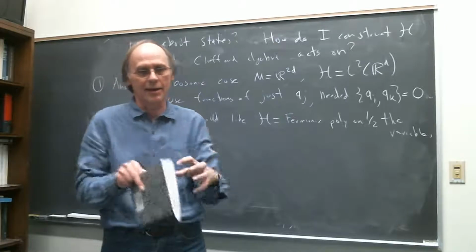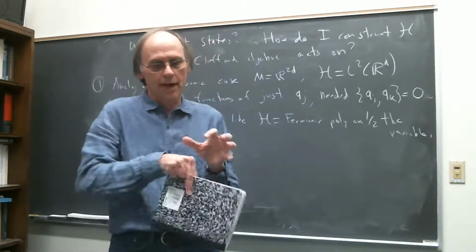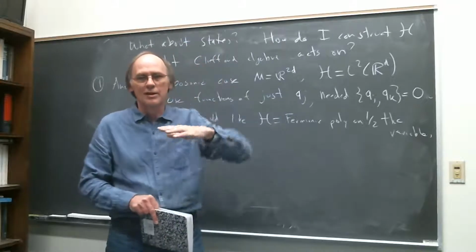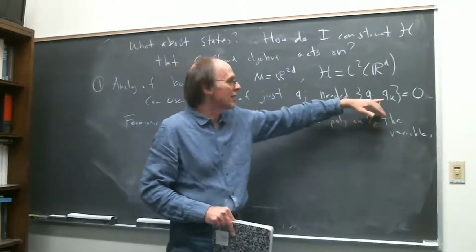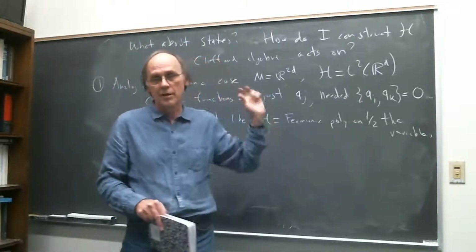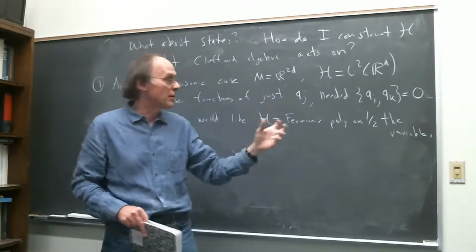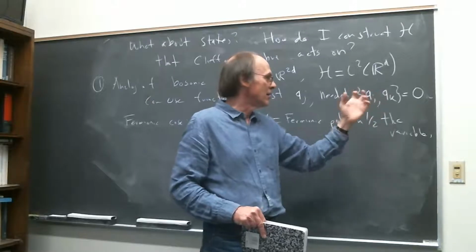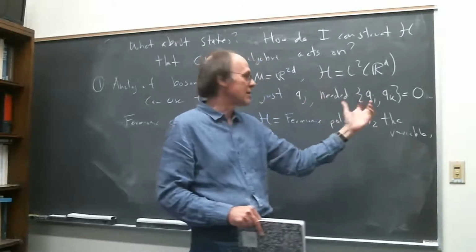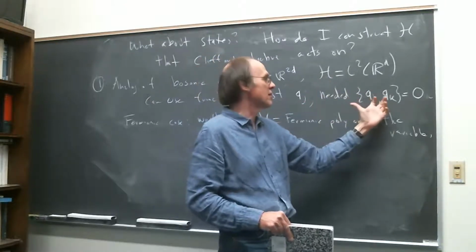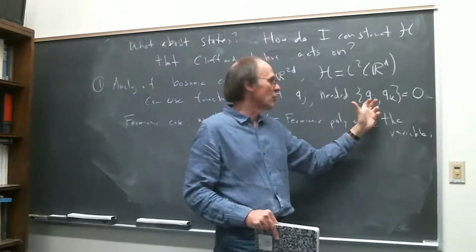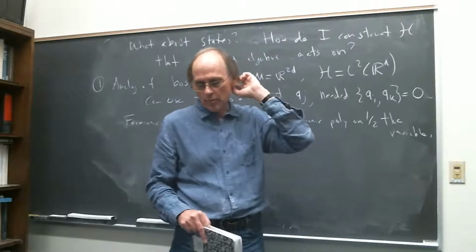You can't get states that are any function of Q and P. They have to be functions of half of them. You could take the Q's or the P's. But the crucial thing, mathematically a Lagrangian subspace, is something which is half-dimensional and where the coefficient functions Poisson commute.